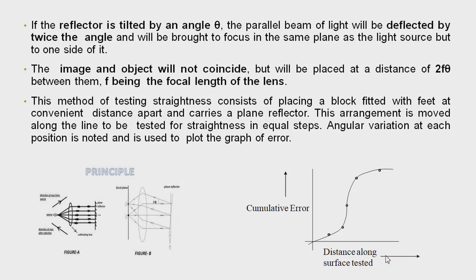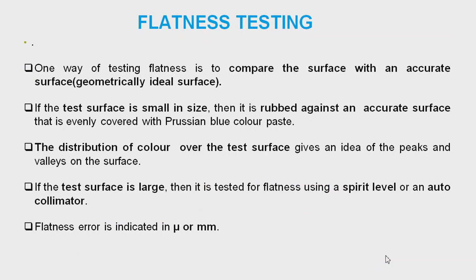Now next is flatness testing. One way of testing flatness is to compare the surface with an accurate surface, which is called a geometrically ideal surface. If the test surface is small in size, then it is rubbed against an accurate surface that is evenly covered with Prussian blue color paste.